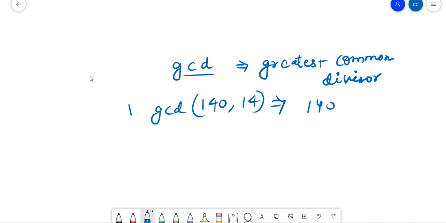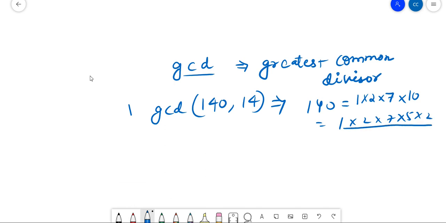First of all, I will write 140, then I will do all the factors like 1 into 2, 2 into 7 into 10. Now further I can write 1 into 2 into 7 into 5 into 2, right?